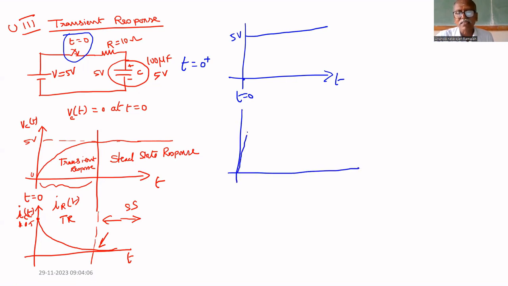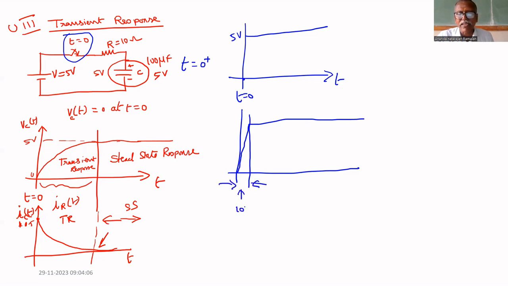So actually what is happening, this increases like this. It may take a few milliseconds or microseconds to change from 0 to 5 volt. Let us assume a few microseconds, say 10 microseconds.